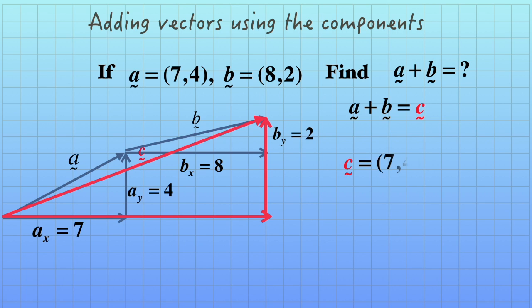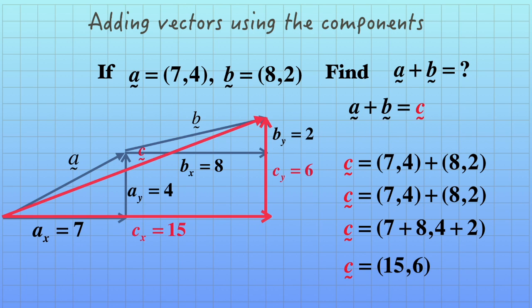And that allows me to write that in the different notations. It should be easy to see from the picture that my horizontal component will be 7 plus 8, and the vertical component will be 4 plus 2, which is (15, 6).